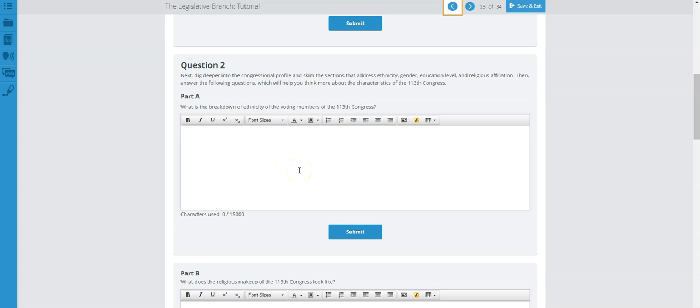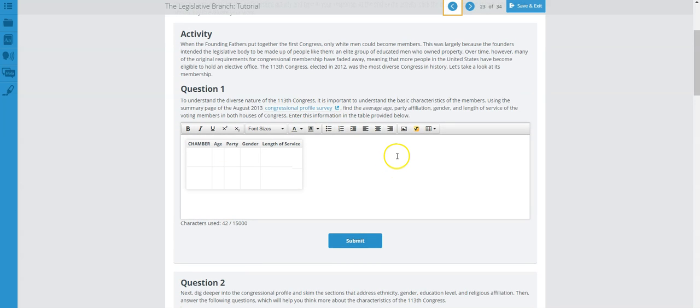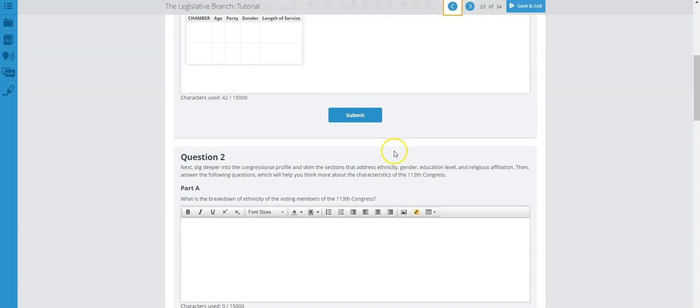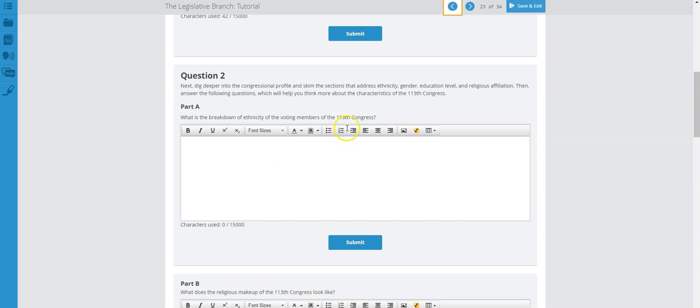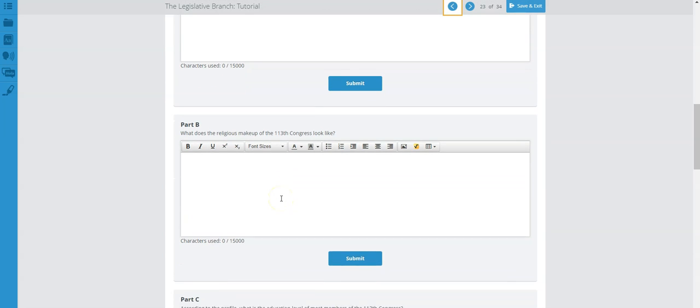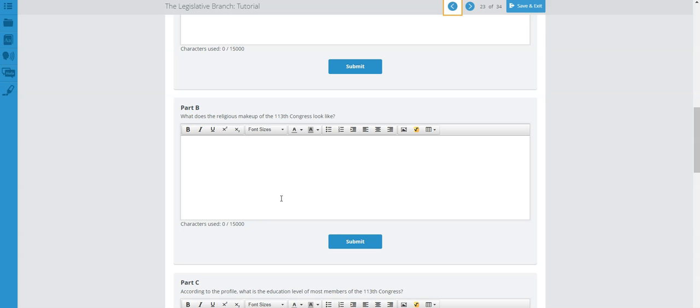Please make sure that you go in there, you look at the link that is up here on question 1, and make sure that you answer this part. Part B is asking you, what does the religious makeup of the 113th Congress look like? Again, you need to look at that link. That's on the first question that you have to do, and make sure you answer that part.